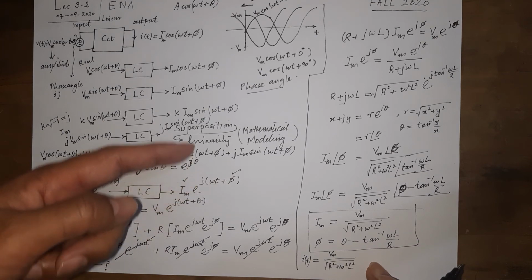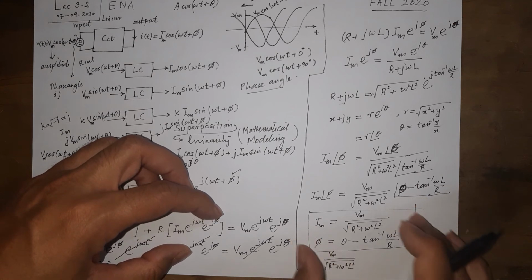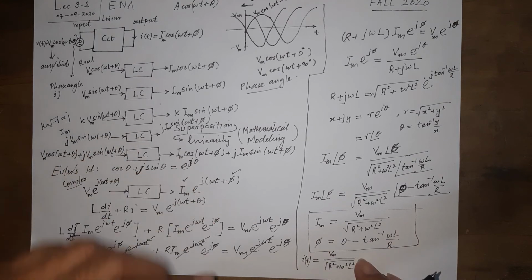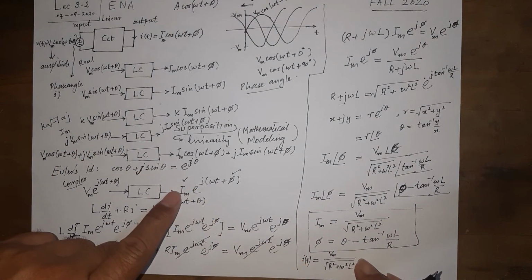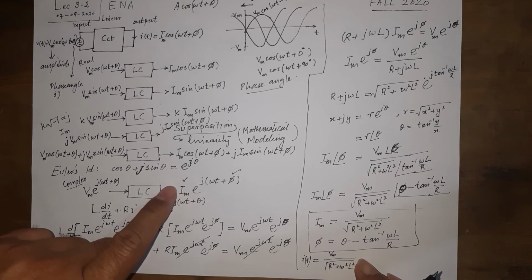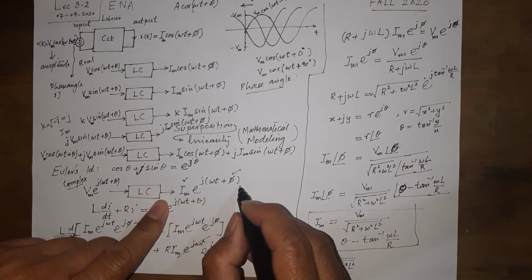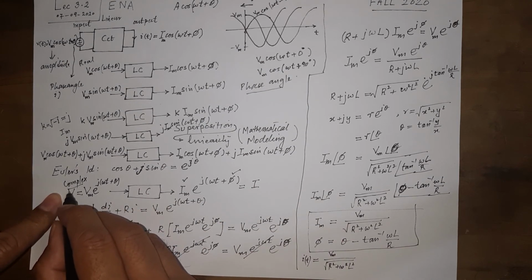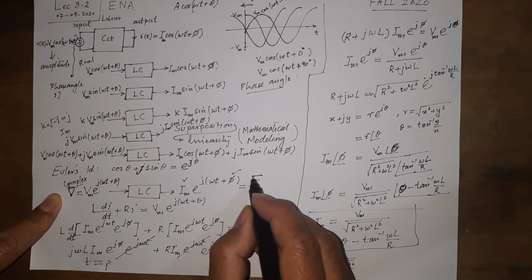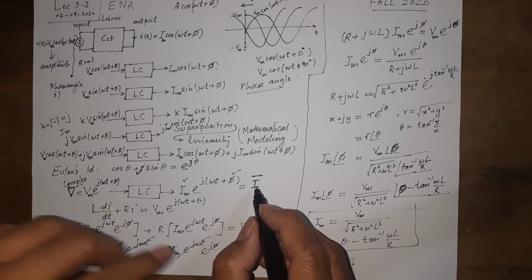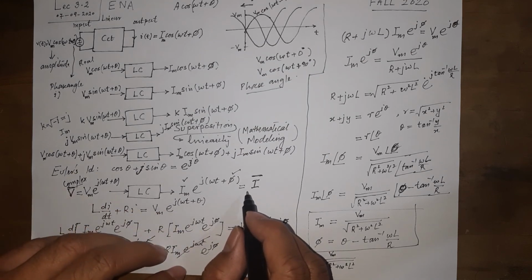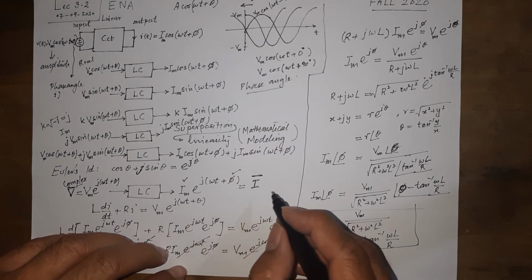But if we have to go back all the way up, starting from this point, obviously this is not IT, this is a complex number I. Let us say it is not IT, it is some capital I, and this is some capital V. Okay, let us use a bar to signify that it is a complex number. A capital I often confuses with a constant, but this bar is going to tell this is a complex number, and a different quantity. We will name it later on.